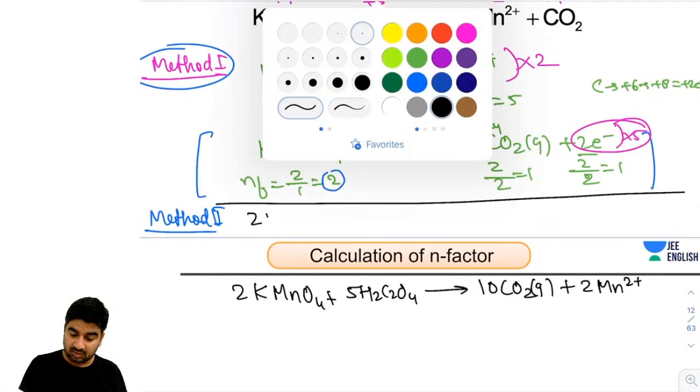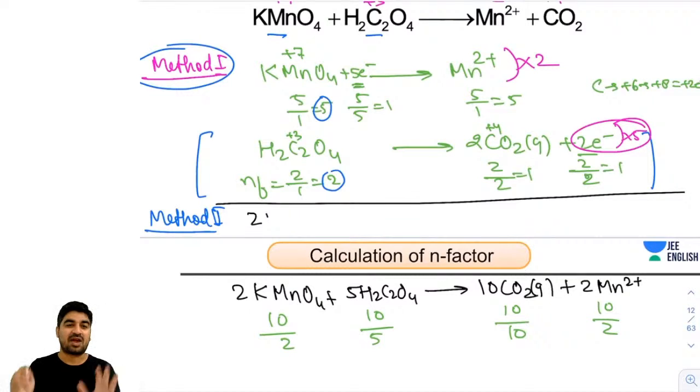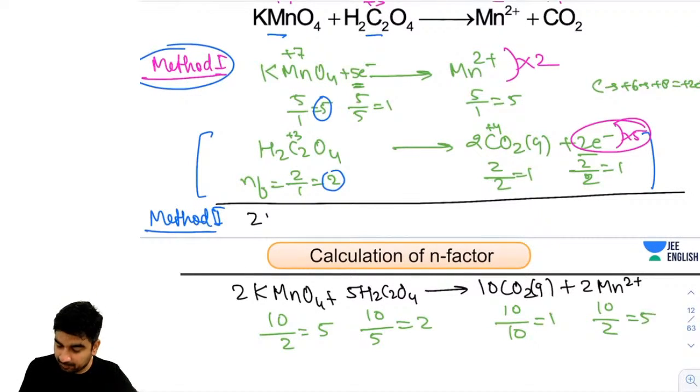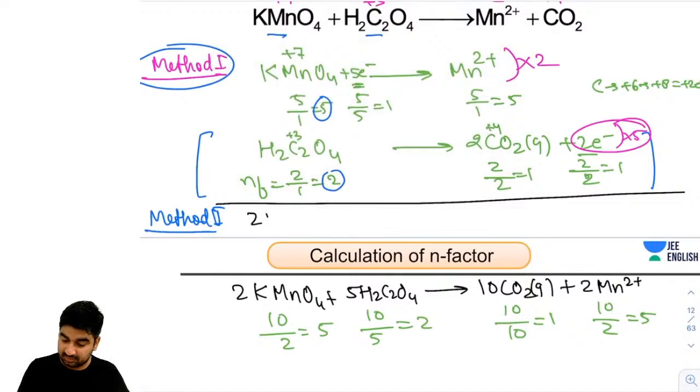And again, how many electrons are cancelling here? 10 electrons, right? Now divide by the stoichiometric coefficient. And guys, you will be getting the n factor. And now you can match. It is 5 here, it was 5 here.